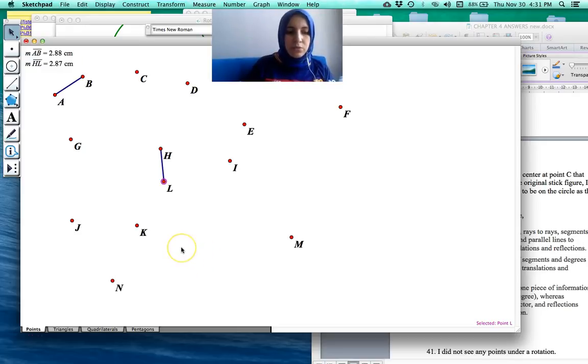And also from C to D, there's a reflection, and the perpendicular line passing through the midpoint of CD is the line of reflection. Any point of the plane can be considered as a center of the rotation, that's O. An angle of rotation can be determined by measuring the angle between HOL and EOF.